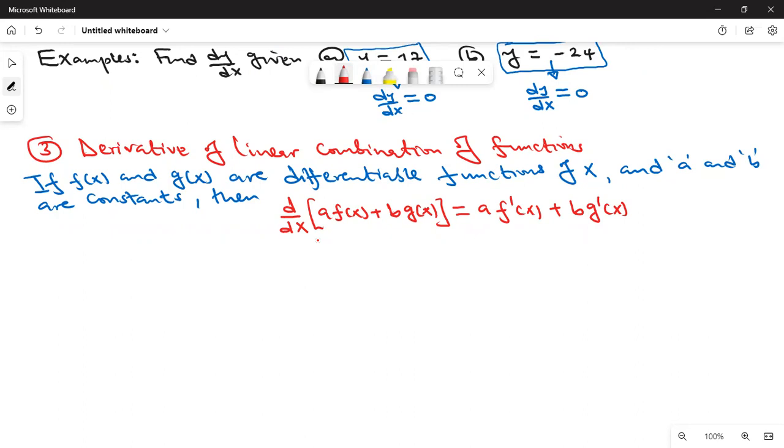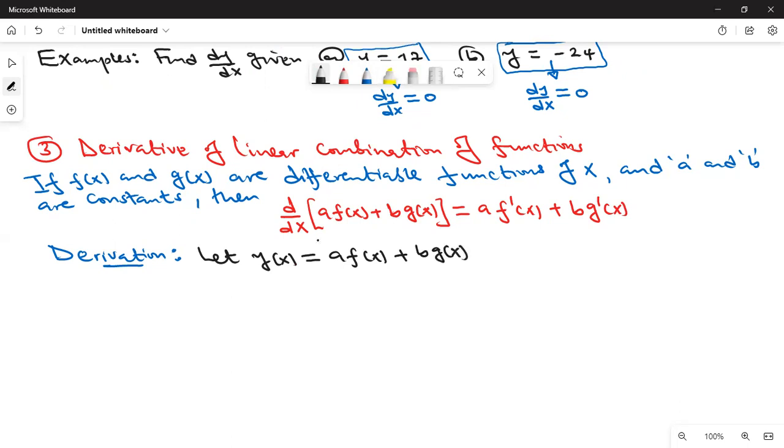Now, how do we show this? Proof or derivation. You can derive it. So we are going to start by saying let y, of course y is a function of x, let y of x be equal to a times f of x plus b times g of x.